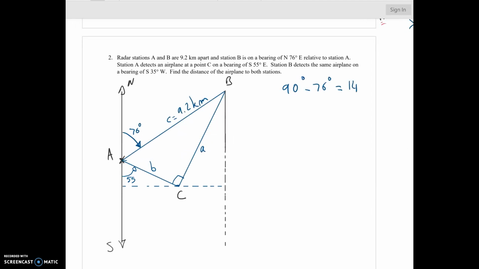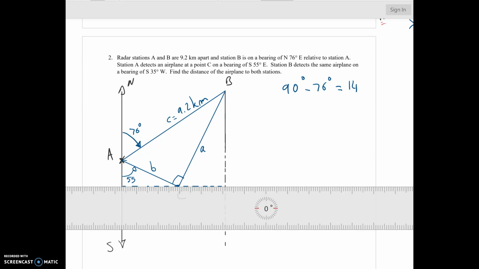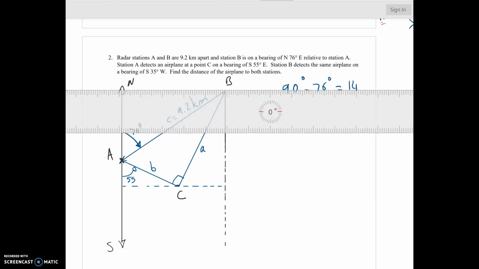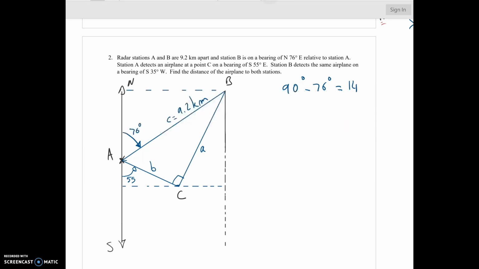Where is this angle 14 degree? This angle 14 degree is going to be right here.